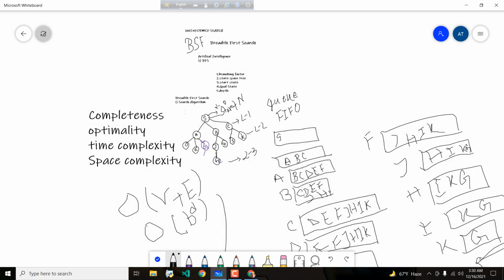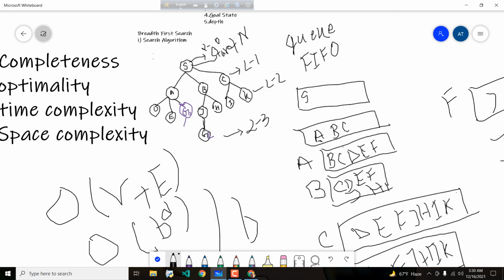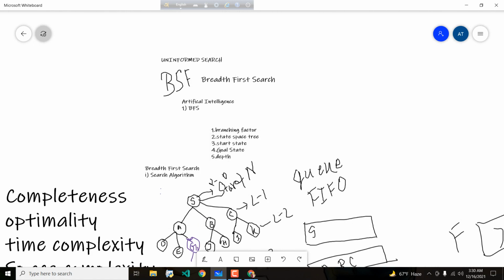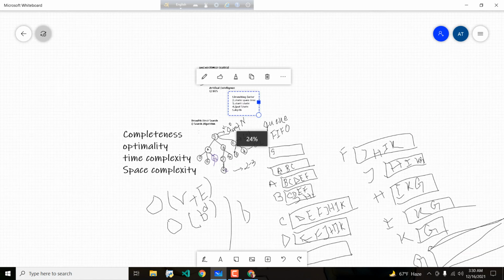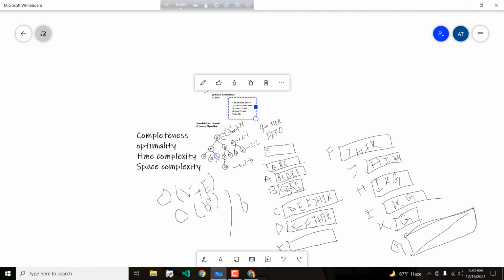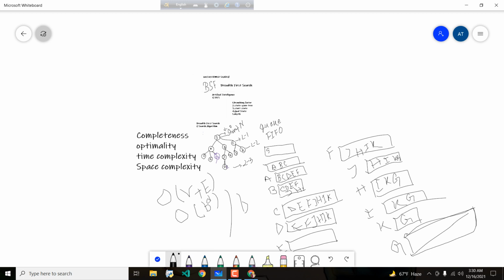So what is b and what is d? b is the branching factor. We have discussed the branching factor. This is the branching factor. And d is the maximum depth.